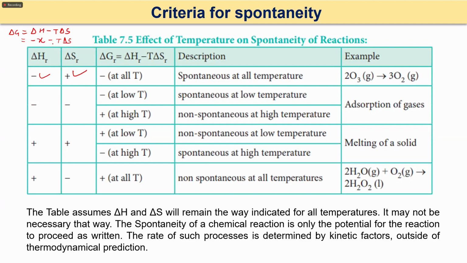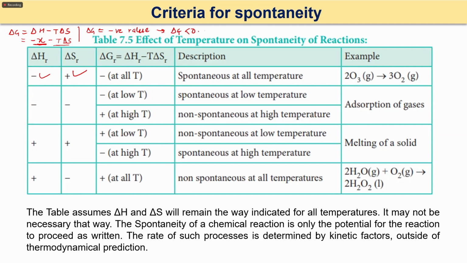If you solve this, both terms have a negative value and they will add up and give a minus sign. That means your delta G will be a negative value, less than zero. That means the process will be spontaneous.